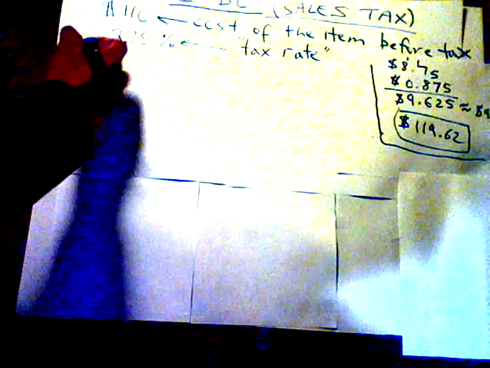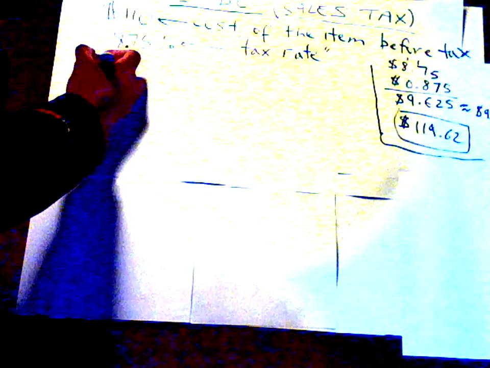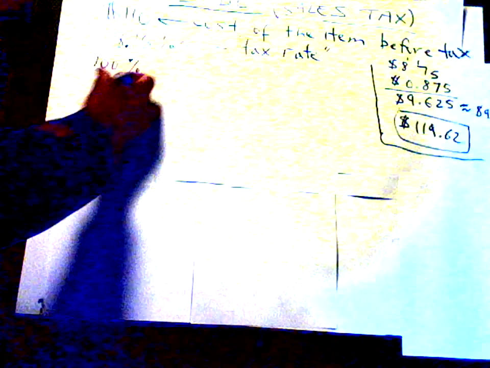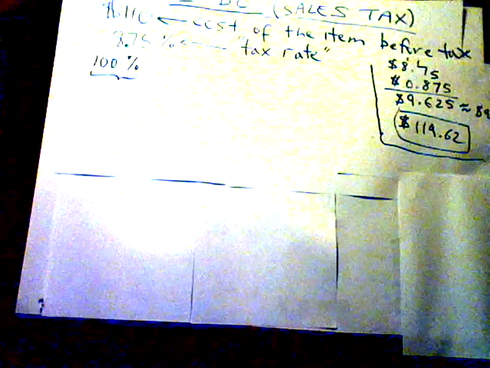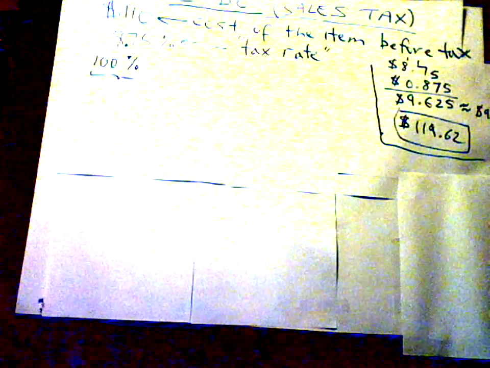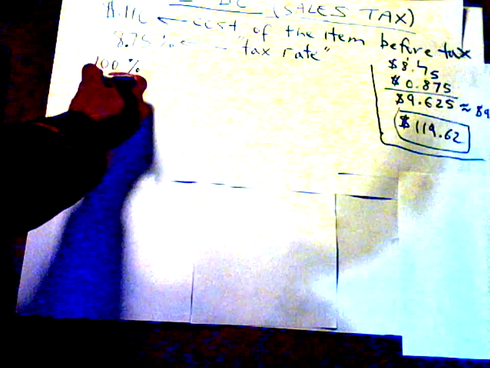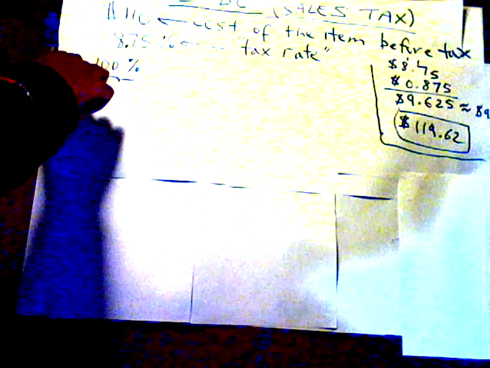So let's ask ourselves, what are we doing here? If you are spending 100% of what the manufacturer made the items to be sold for, and what the store rather decided to sell the item for, so this is what you would pay without taxes. You would pay 100% of what the item costs, which is 110.